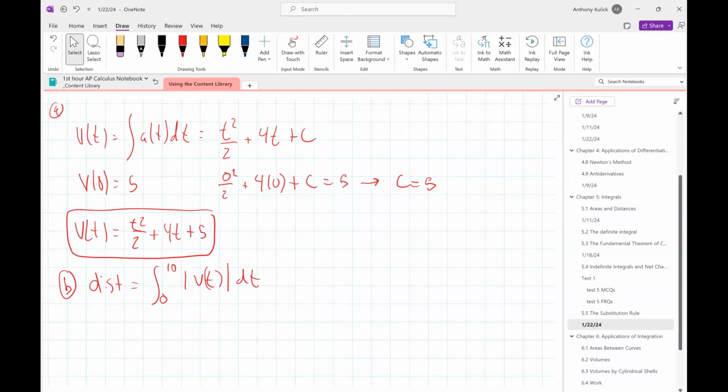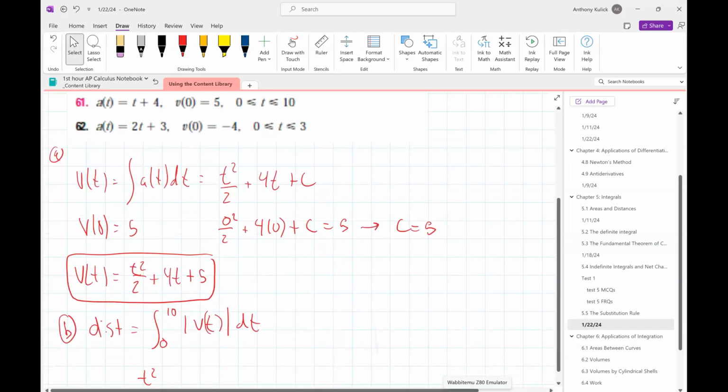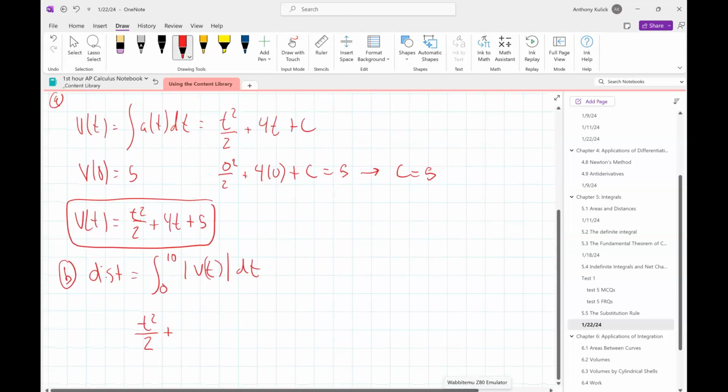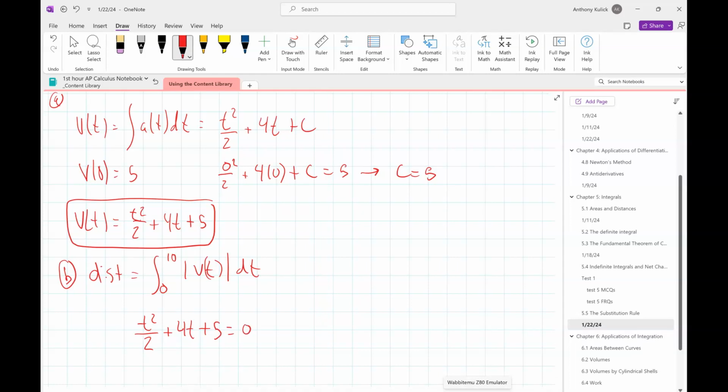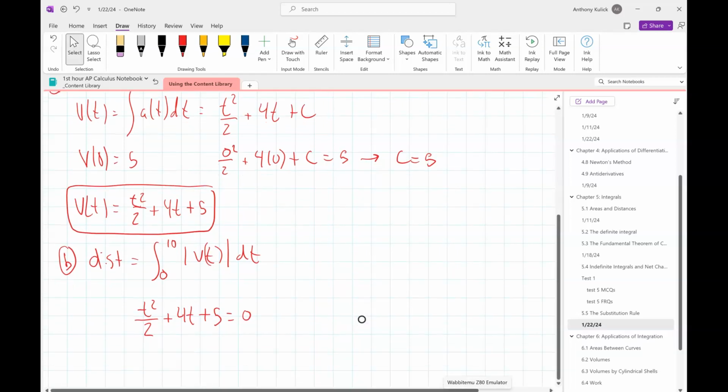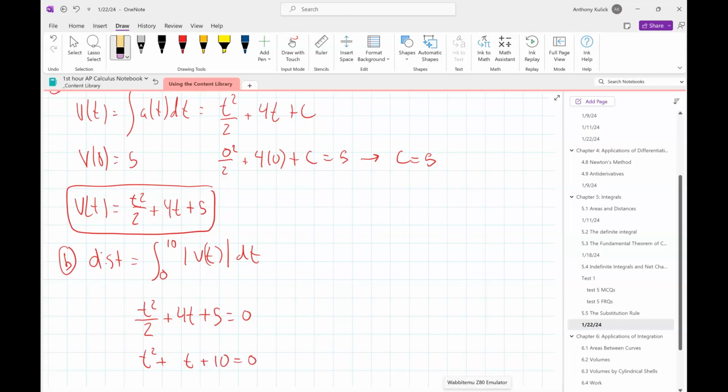So I'm going to take my velocity equation and set it equal to 0 and solve that.